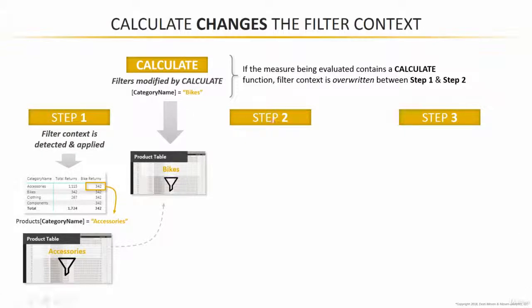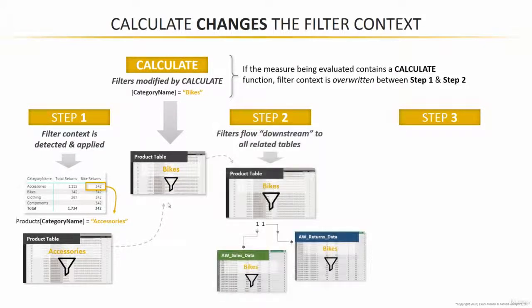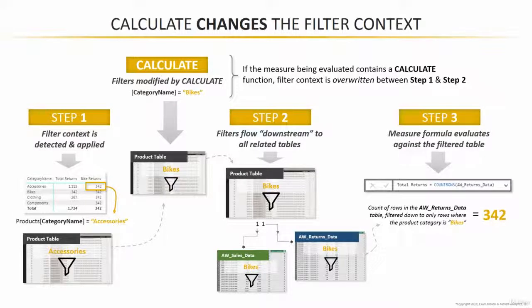So even though we originally filtered down that product table to accessories, between step 1 and 2, the calculate function butts in and says, nope, we're actually going to filter based on category name equals bikes. And then that new filter context passes over to step 2, and the process continues as it normally would. So now the filter context is for product rows where the category equals bikes, and that context passes to any downstream connected data tables, and from there, the measure is evaluated.